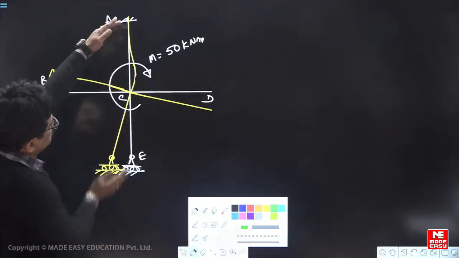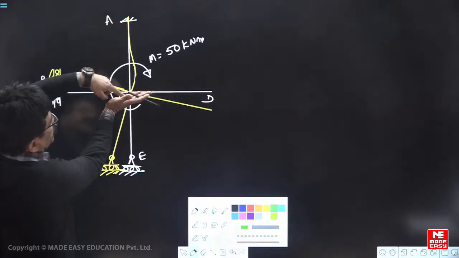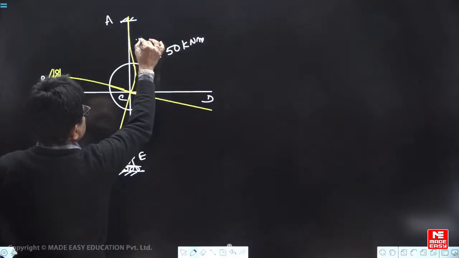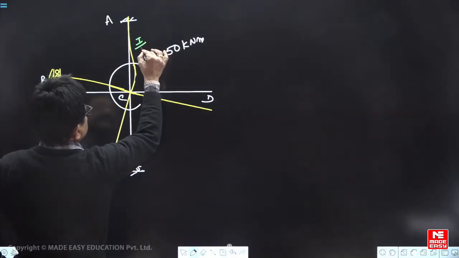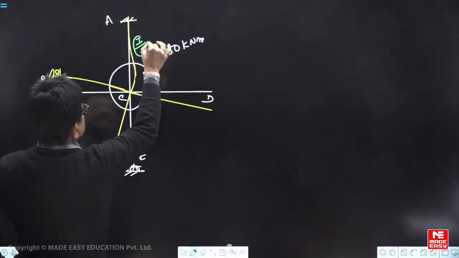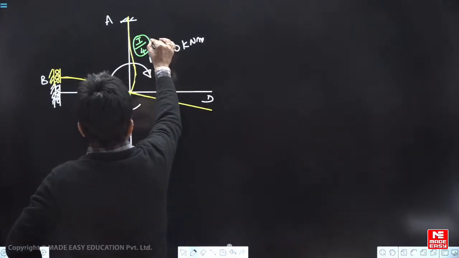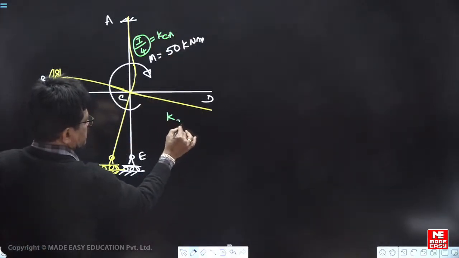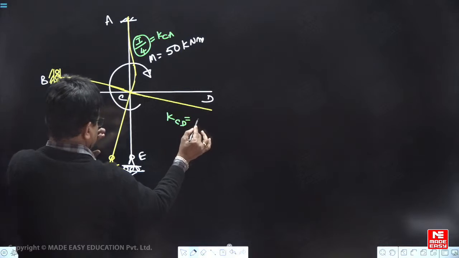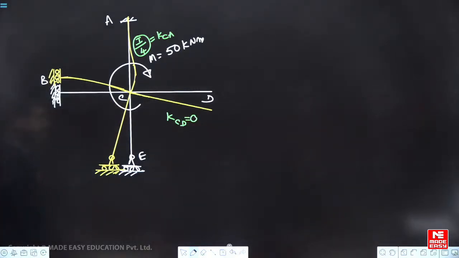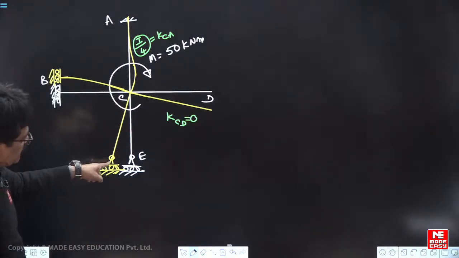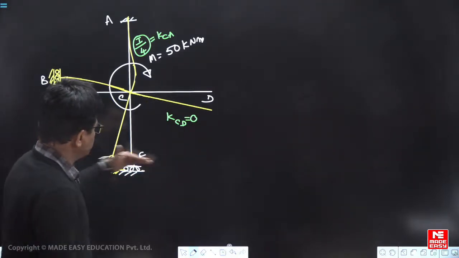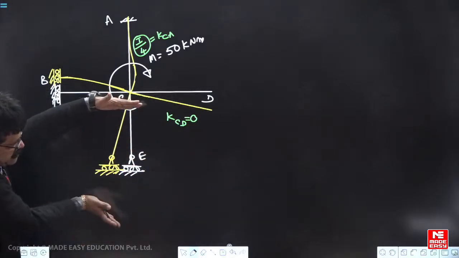Okay. If you take this portion alone, when far end is fixed, I by L, so that means this is I by 4. This value is KCA. For this, when far end is free, relative stiffness is 0. Here also far end is, though it is not free support, it is behaving like a free end only, because no reaction developed here, so bending moment is 0.